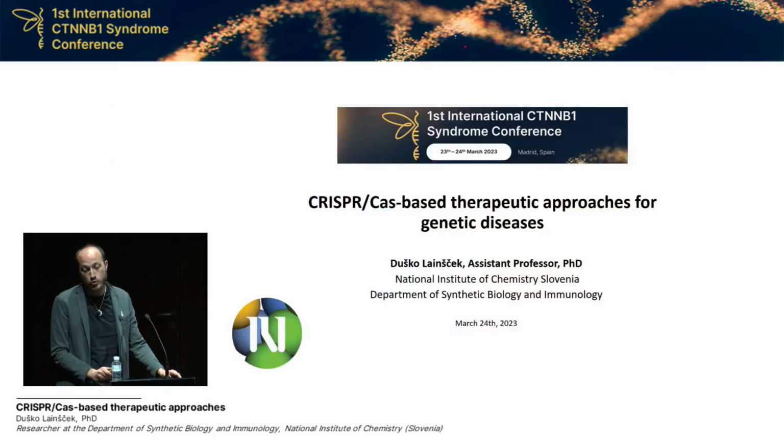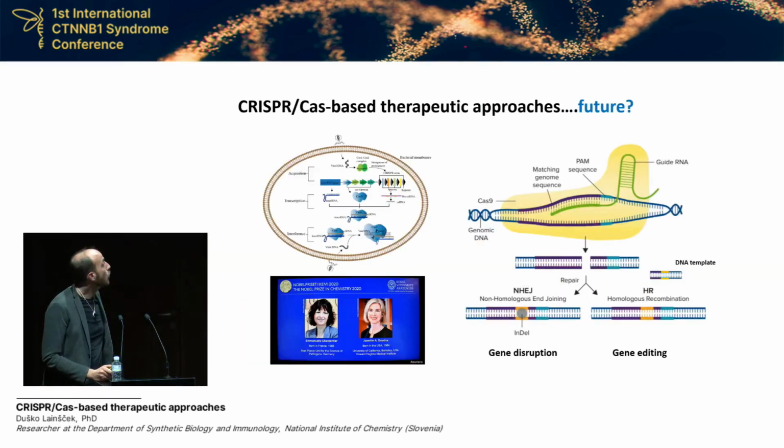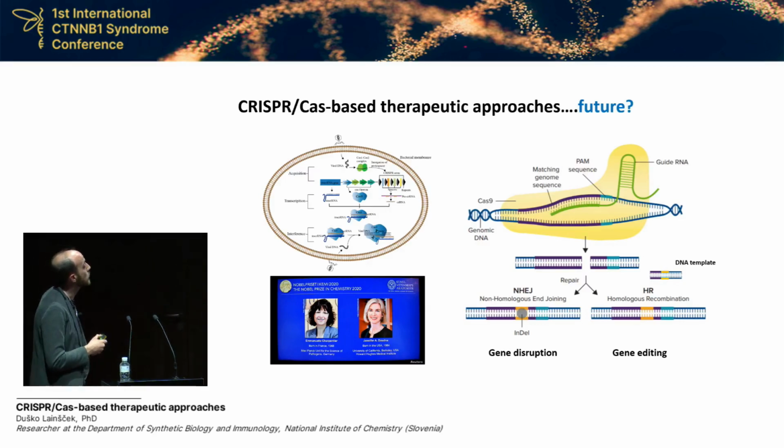Today I would like to briefly present you an alternative method of treating different genetic diseases by using CRISPR-Cas-based therapeutic approaches. I think that you all heard what the CRISPR-Cas system is. It's basically a part of the adaptive immune system of bacteria, which bacteria use to fight viral infections.